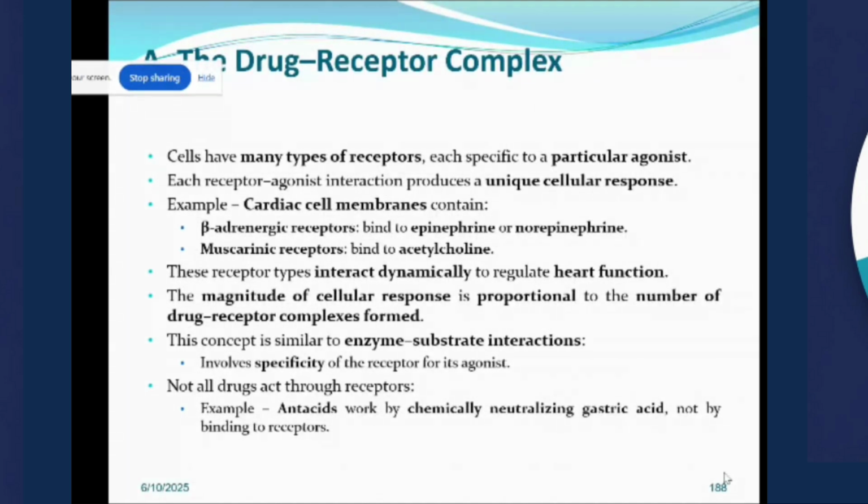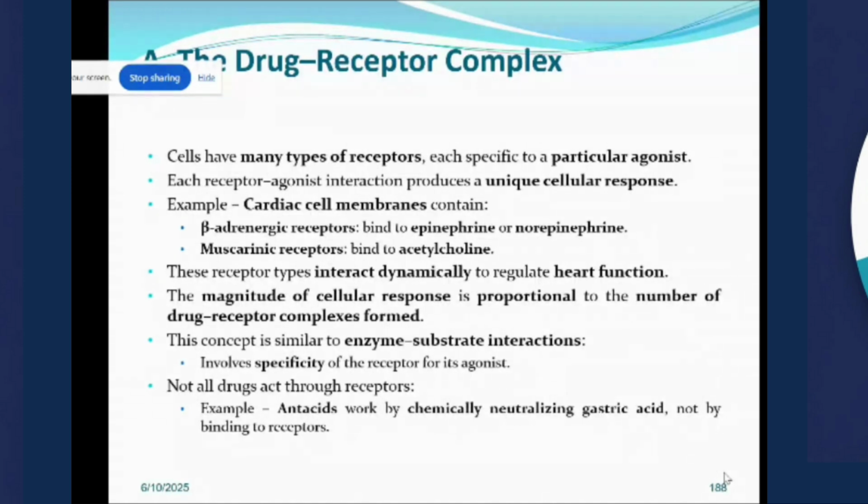This concept is similar to enzyme substrate interactions. If there's saturation in terms of enzyme substrate, then we expect a maximal response. Equally, in the drug receptor complex, if the binding is strong, then we expect a more magnified response or magnified effect.